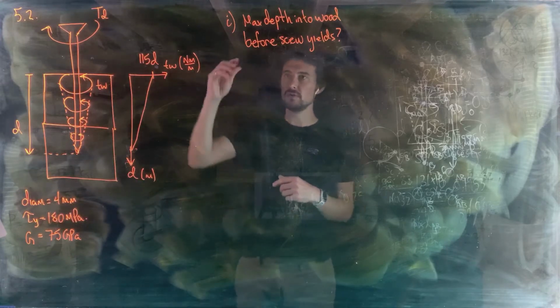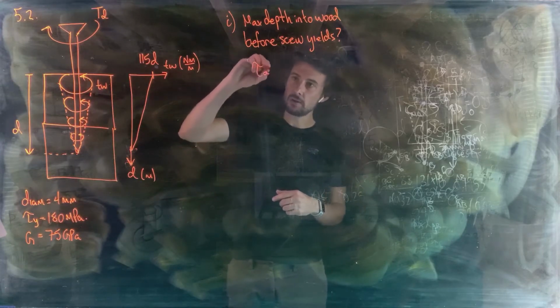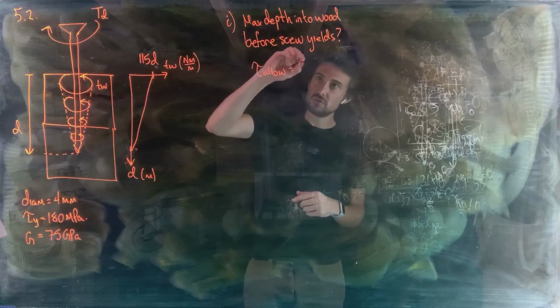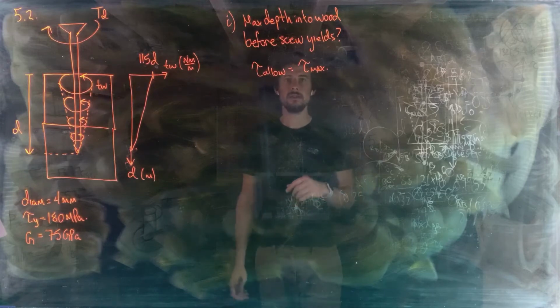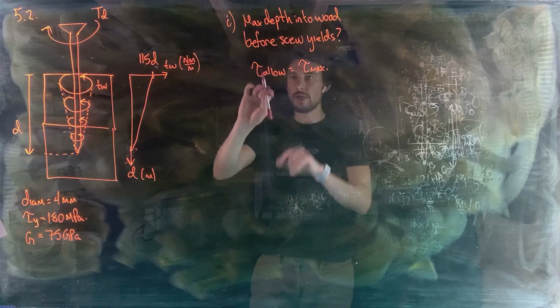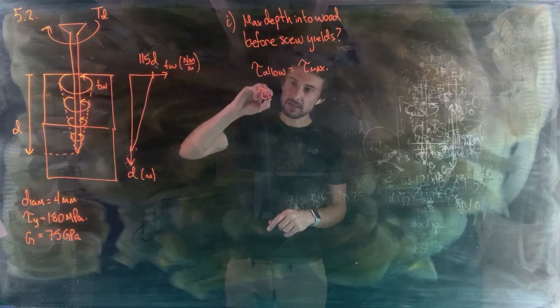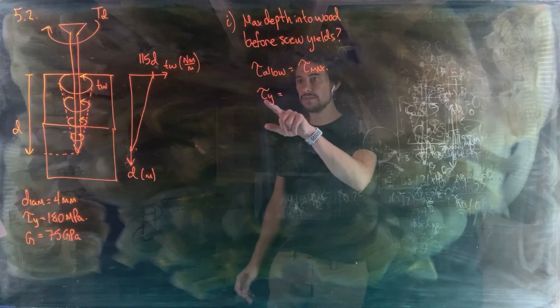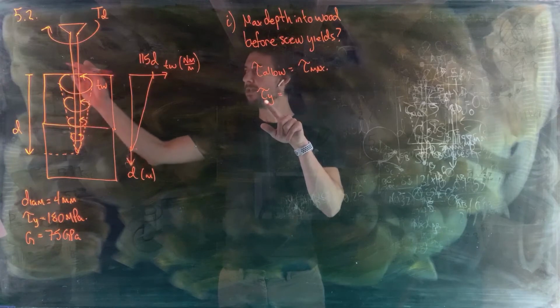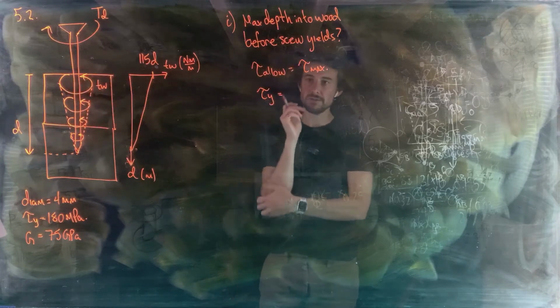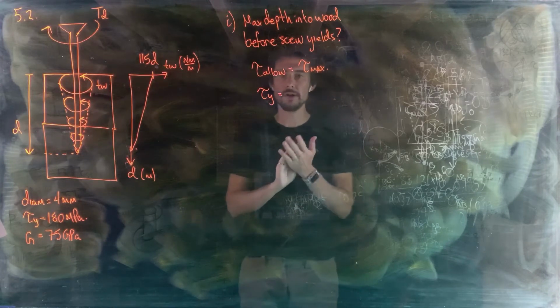So what we want to do is equate our allowable stress to the maximum stress in the object. Now, our allowable stress in this case is simply equal to the yield strength because we want to determine the depth before the material actually yields, right? There's no safety factor, the safety factor is 1.